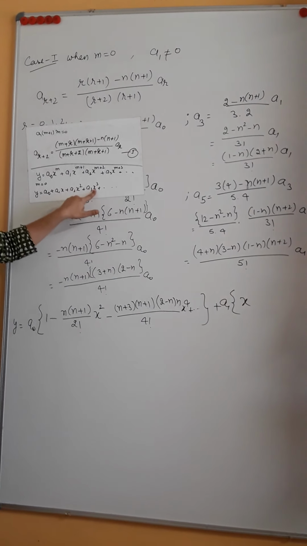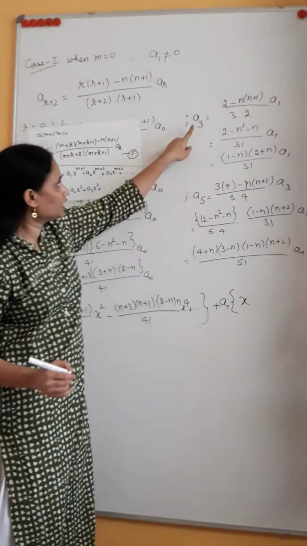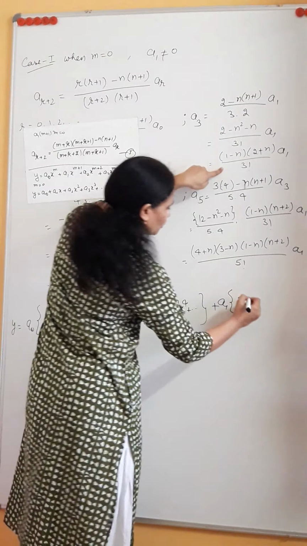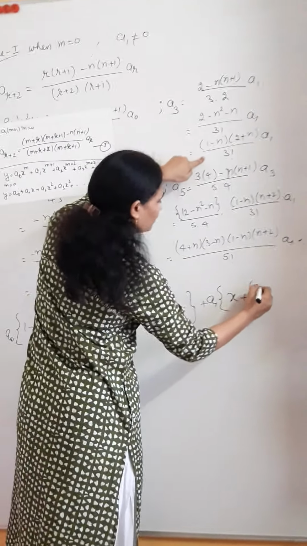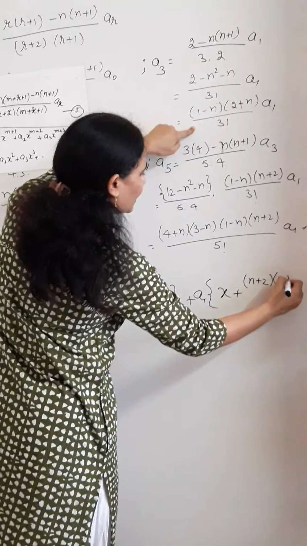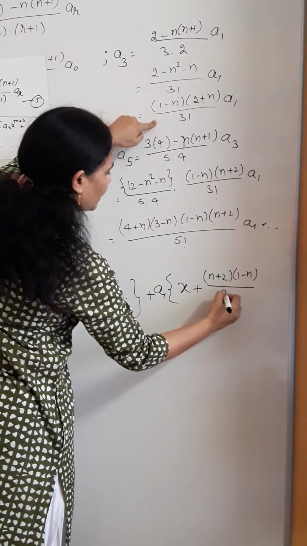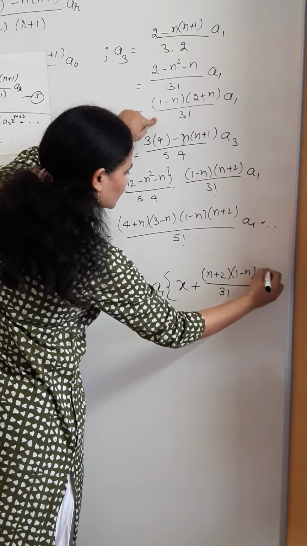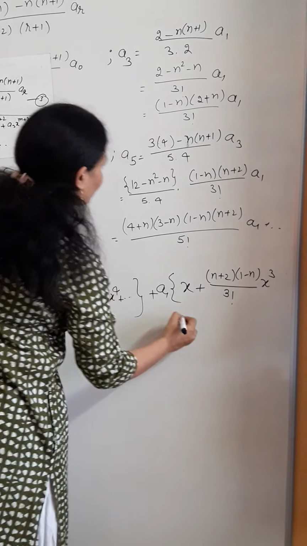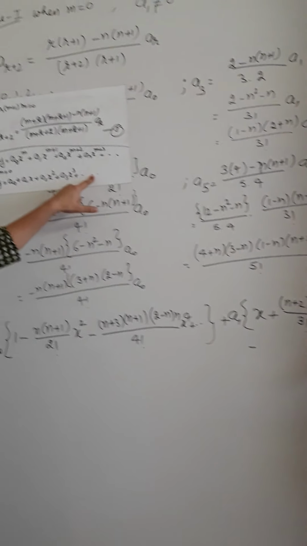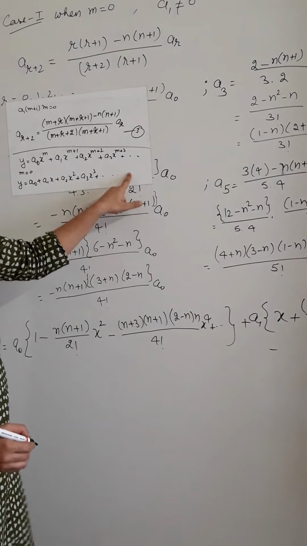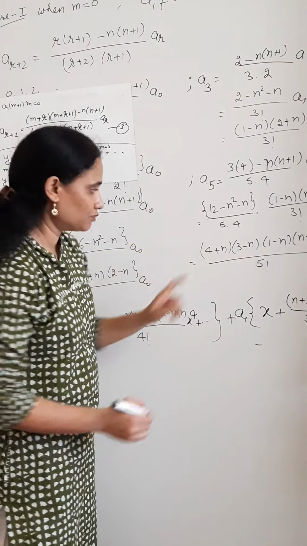Then a3 x cube. What is the value of a3? This is a3, so a3 x cube means n plus 2, 1 minus n divided by factorial 3, x cube. Then the next term would be a5, so a5 means x power 5.